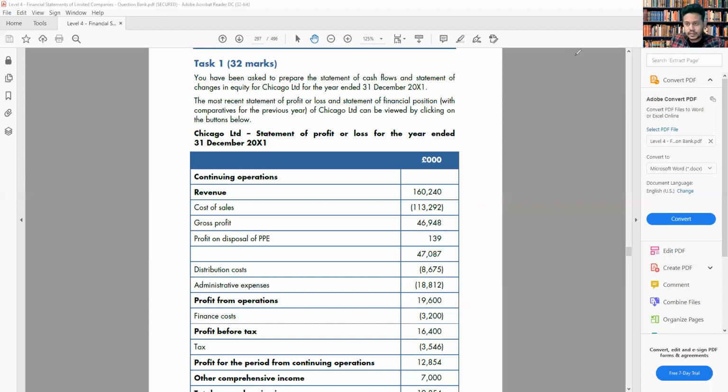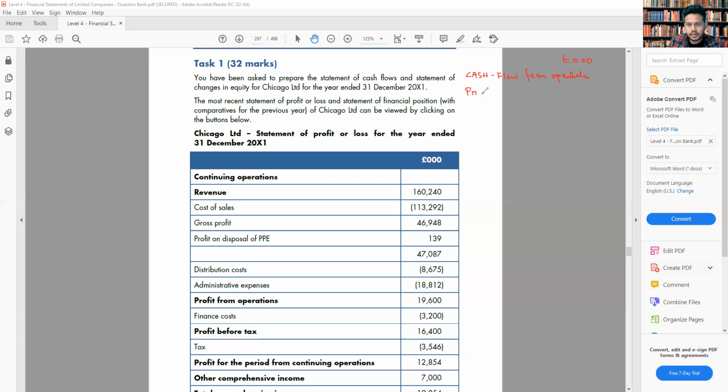So we start with the first one here, and we're going to write cash flow from operating activities. The first one we're going to start with is profit before tax.